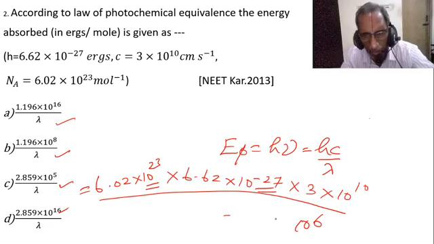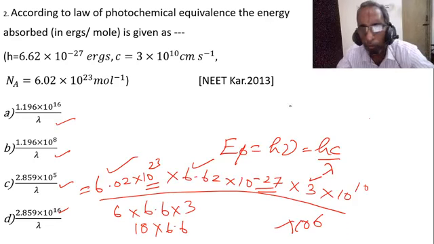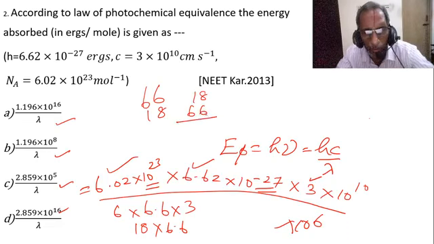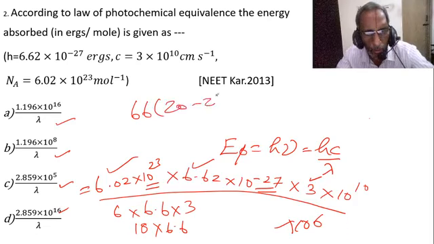Then 6.6 into 3, 6 threes are 18. 18 into 6.6, or 66 into 20 minus 2, so 20 is 132 minus 132, 8, so 11 minus 3, 8, 2 minus 1, 1.